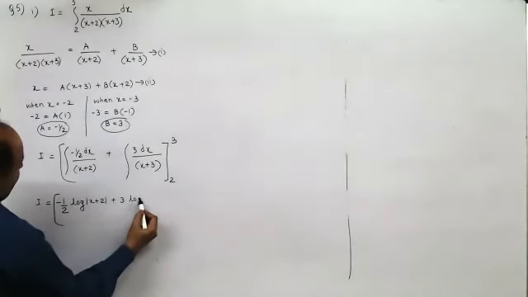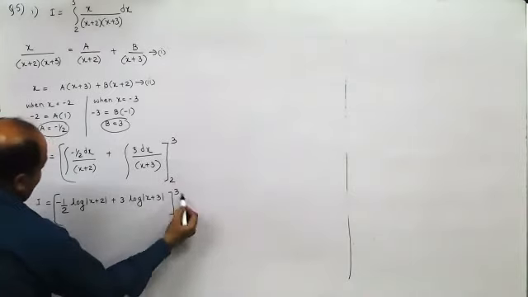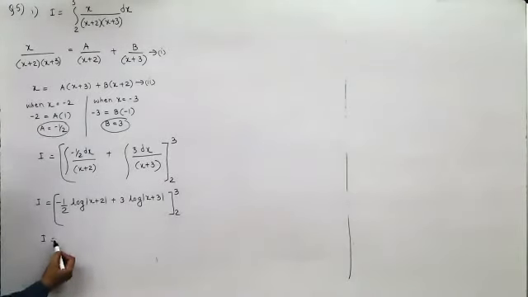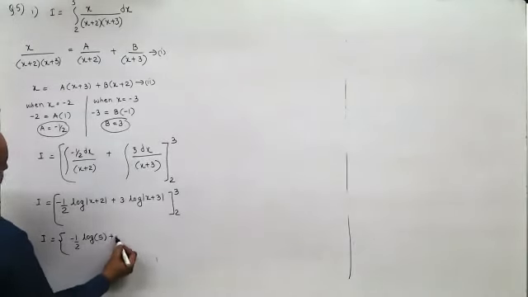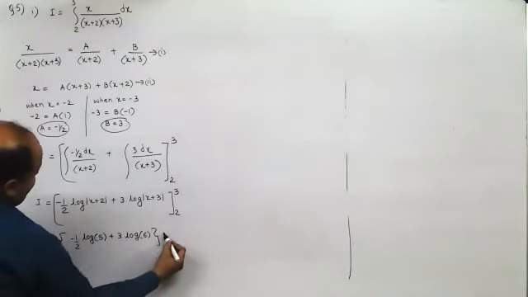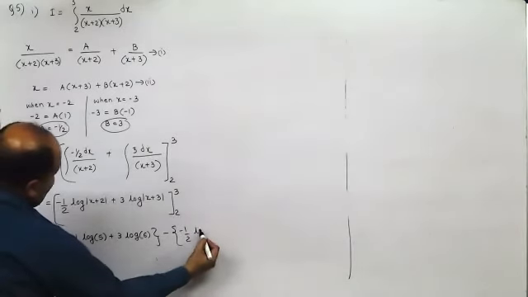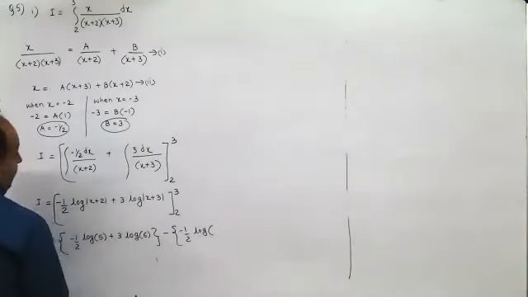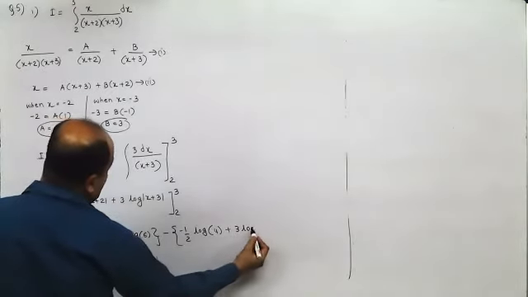This would be log of x plus 3. And between 2 and 3, I'll first substitute the upper limit. I'll get minus half log of 3 plus 2, which is 5, plus 3 log of 3 plus 3, which is 6. Then minus of, I'll substitute the lower limit, minus half log of 2 plus 2, which is 4, and here plus 3 log of 2 plus 3, which is 5.